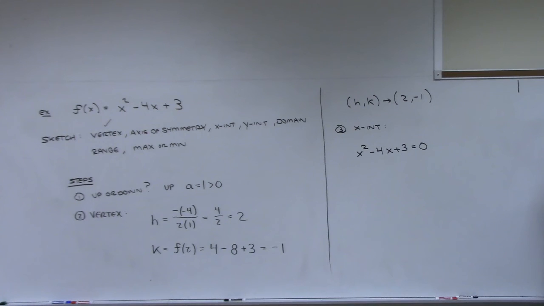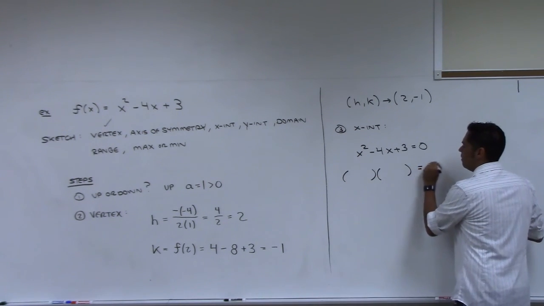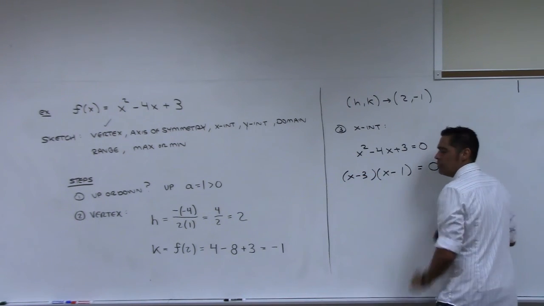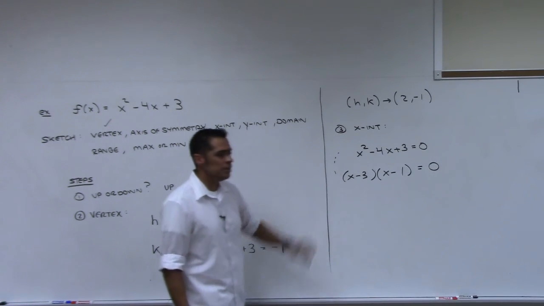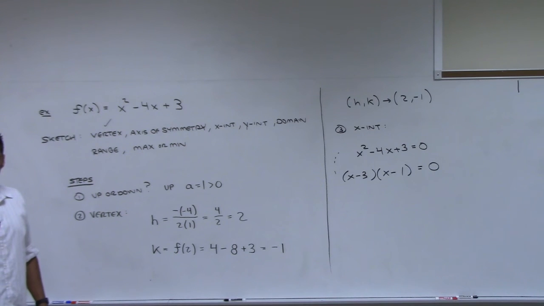So how about factoring? I'm not going to show this work here, because this is our first example, and I'm going to assume that you can factor. That might take you a little time to get from here to here. But are you all comfortable with the idea of what I did to do that?